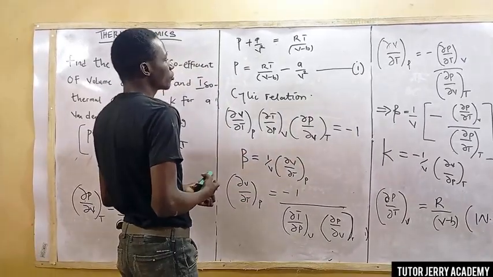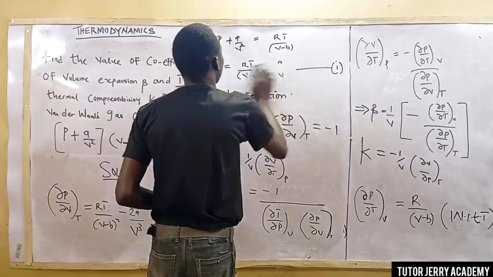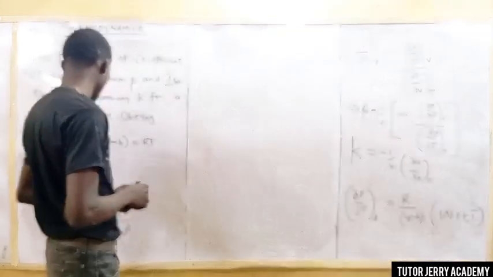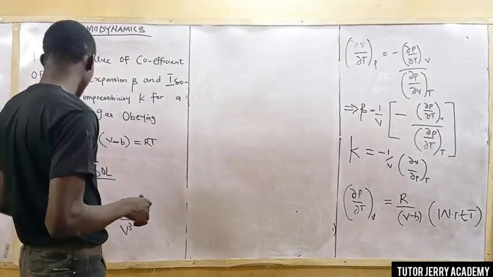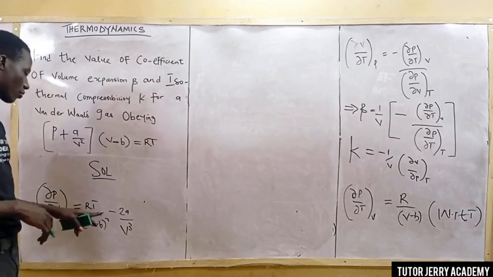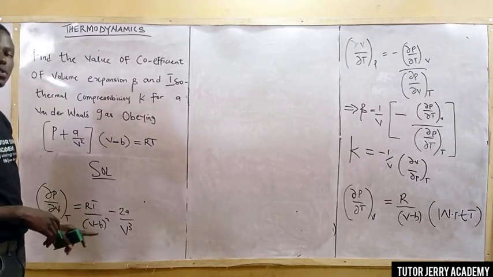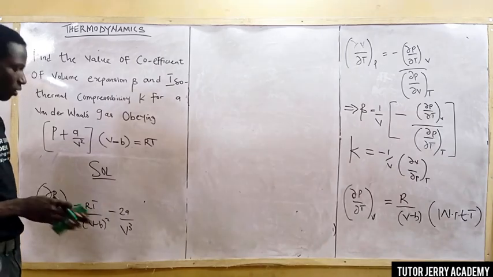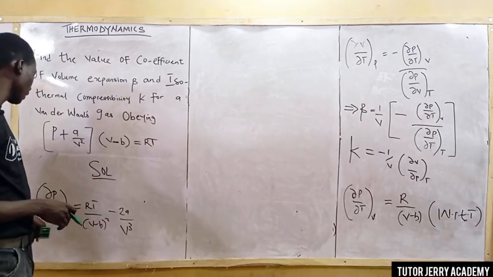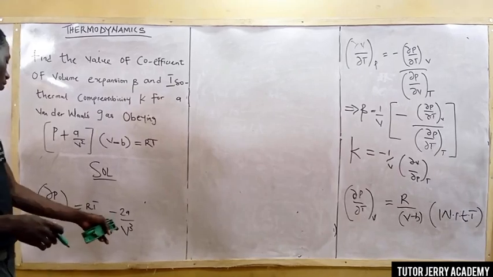So if we do that, what we have here is partial P over V at constant T equals RT over (V minus b) squared, minus 2a over V cubed. So now we are going to be taking the inverse of this equation.